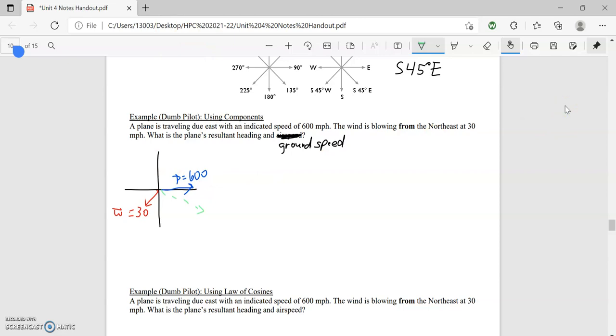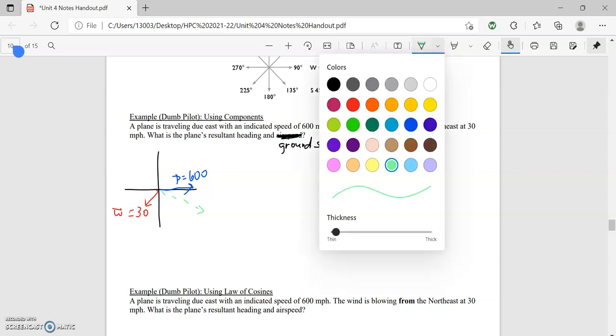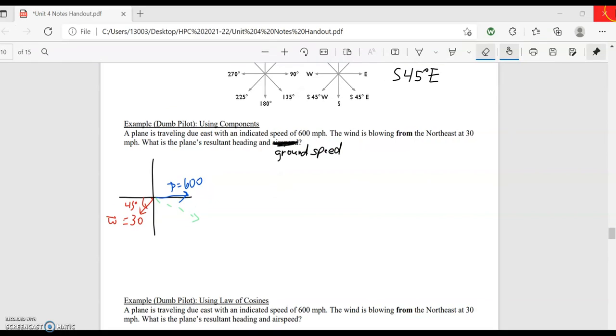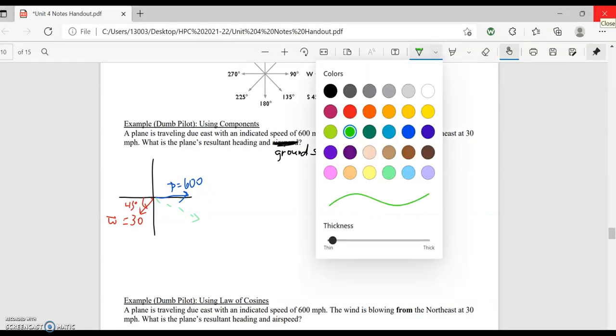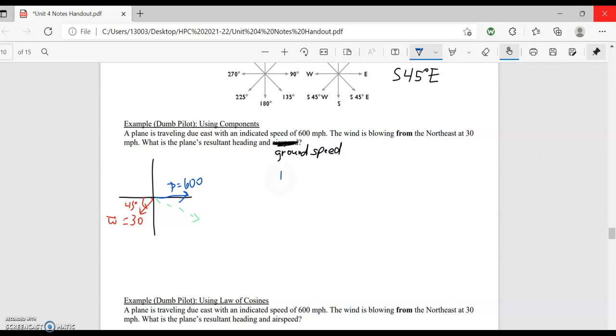We are going to write out what vectors we know. We know vector P. It's actually really nice. P is due east right here, which means in component form, all of that 600 is pointed in the X, and none of it is pointed in the Y direction.